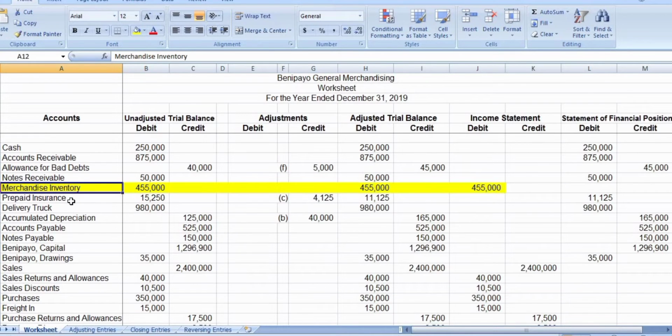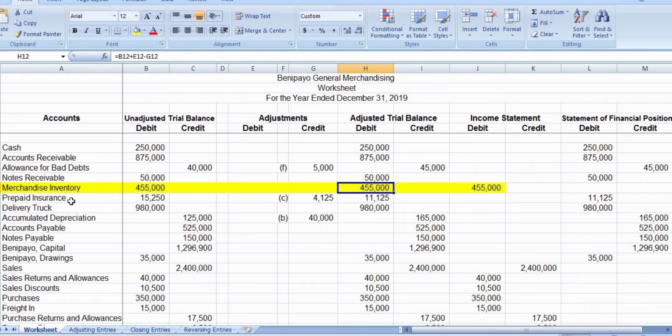This merchandise inventory of 455,000 is actually the beginning inventory of the year 2019. Where is merchandise inventory beginning found? Is it found in the statement of financial position?